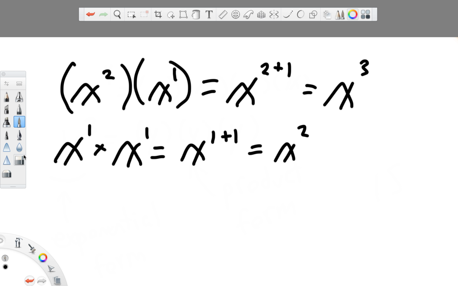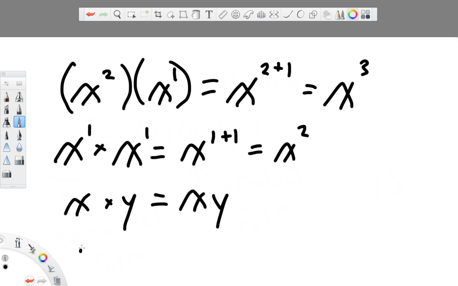Now, this is only the case when we have the same variable. If we have, for example, x times y, this is just going to be xy, because they're different variables, so we don't add them together. We just attach them, because when they touch each other, it's the same as saying x is multiplying with y.